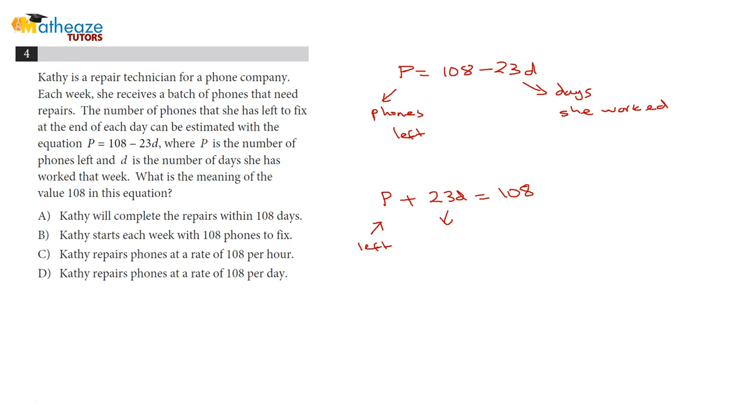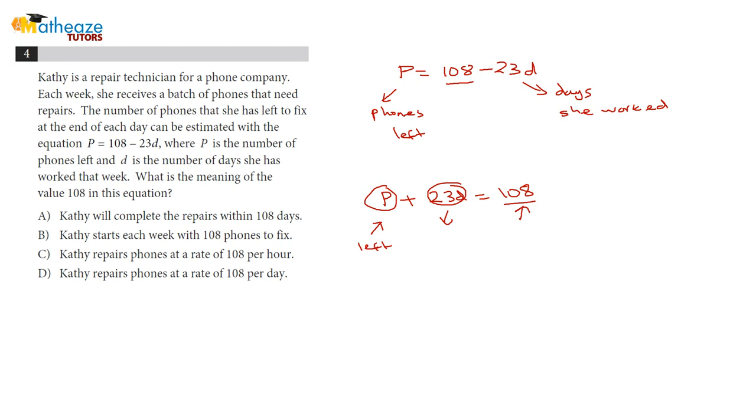So that's one approach, and we can see that the number of phones left over plus the number of phones she already repaired gives you how many phones she started the week with. So that is what 108 represents, because if you start the week with 108 phones and you have a subtraction of 23 multiplied by the number of days, then the P here would represent the number of phones you have left over after the work week has been completed.